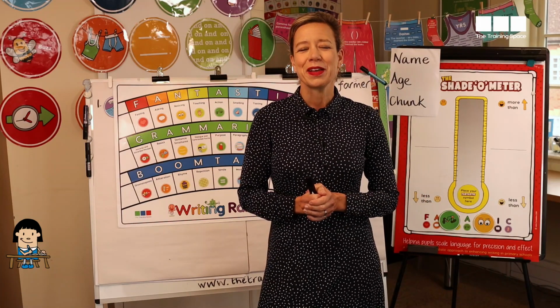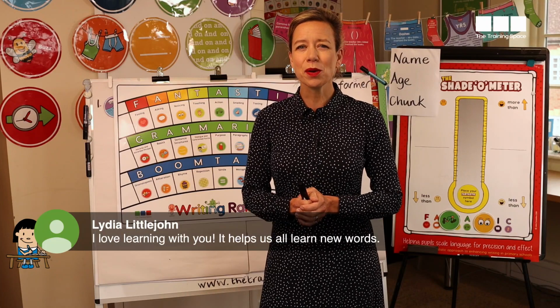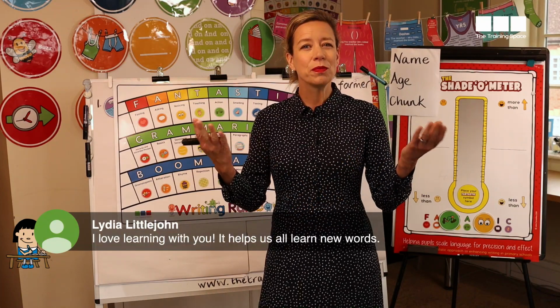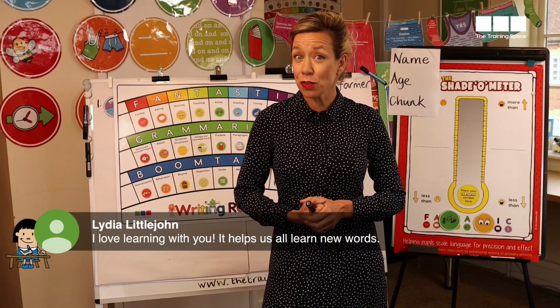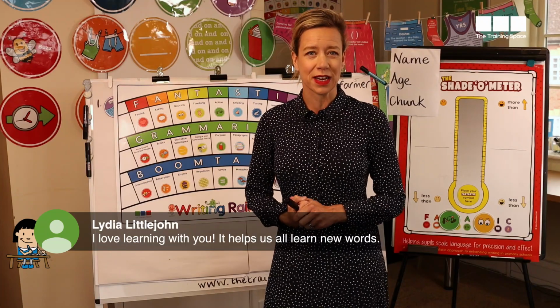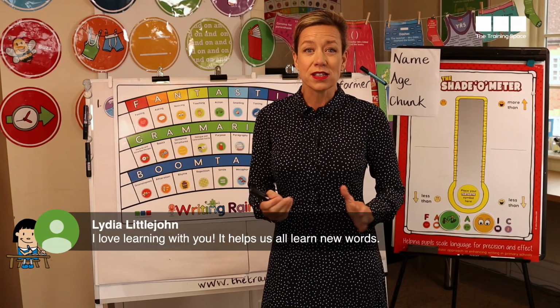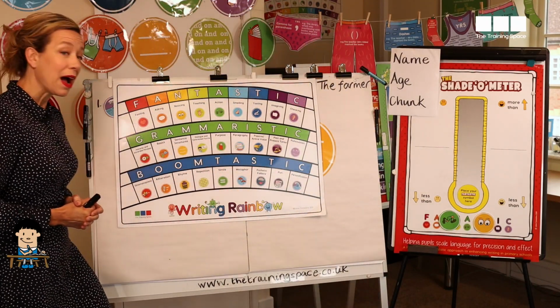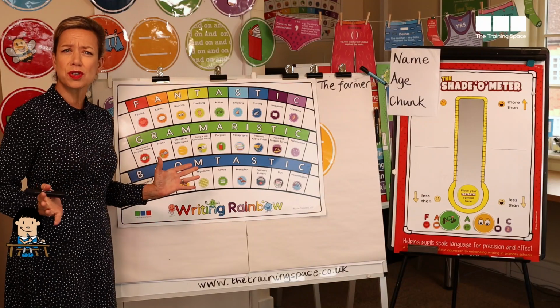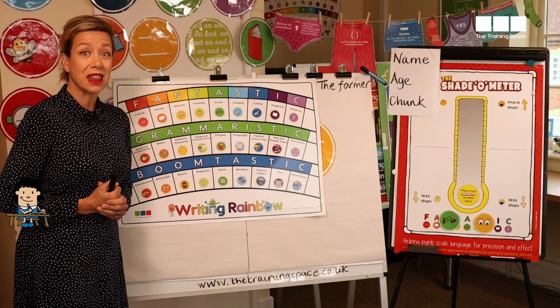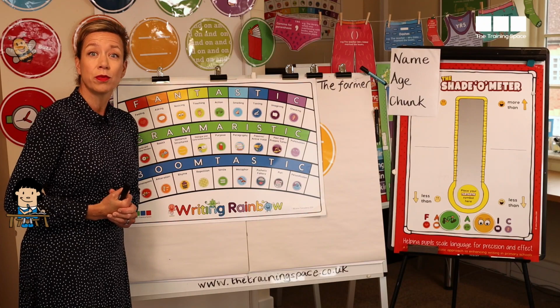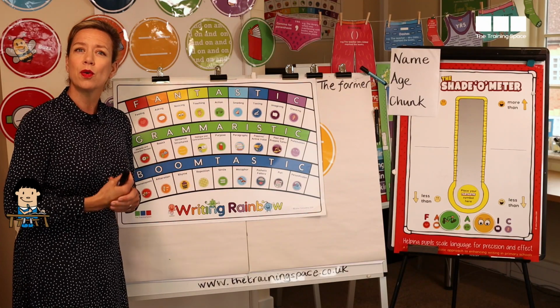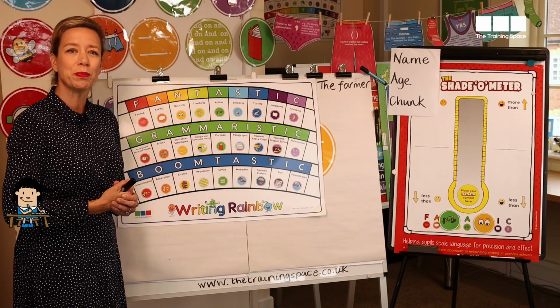Now, I'm going to explain how Mrs. C decides on the writing challenges for the day. All the writing challenges come from the Writing Rainbow, and the Writing Rainbow captures all the things we need to think about as a writer, all the choices we have, all the areas we can explore.